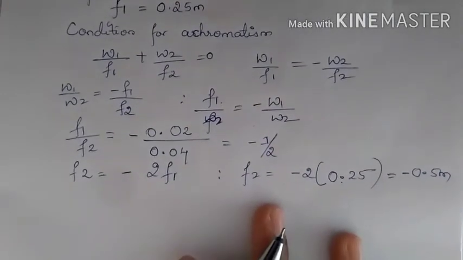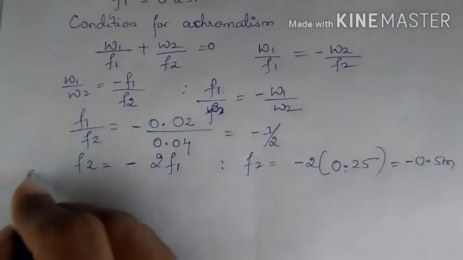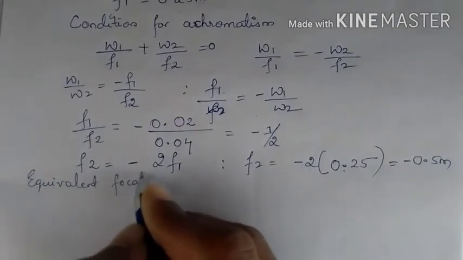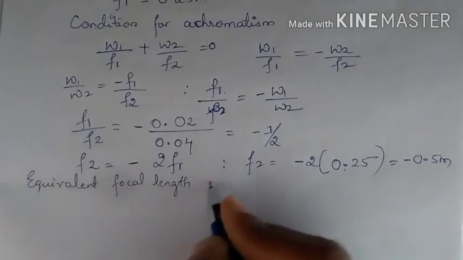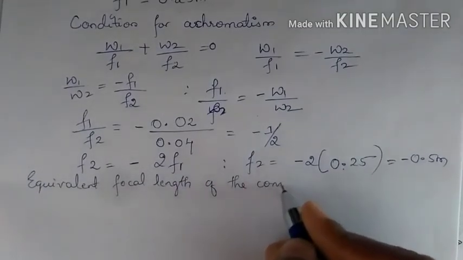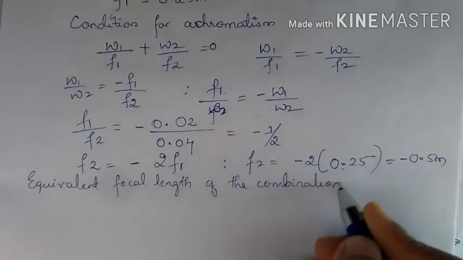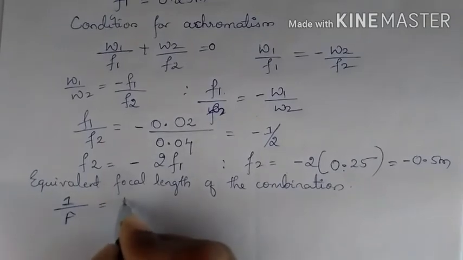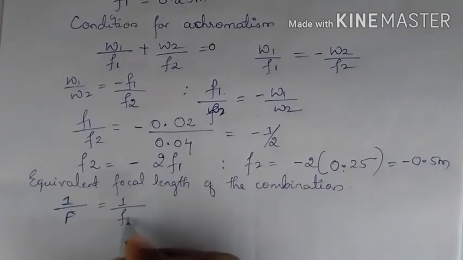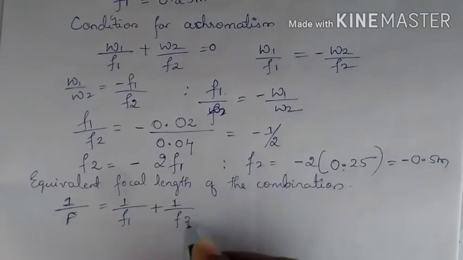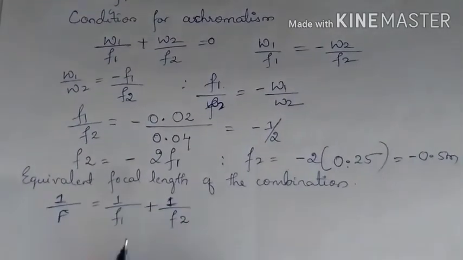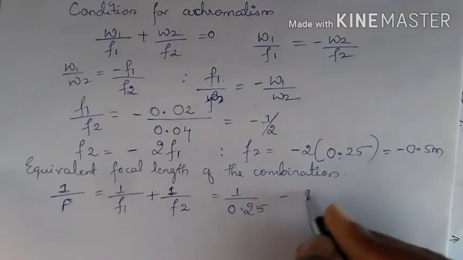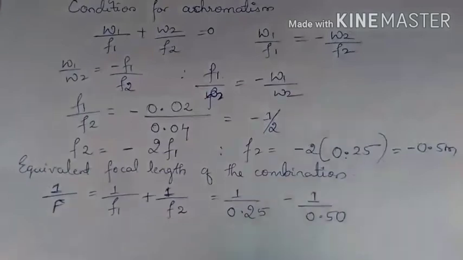Now let us find the equivalent focal length of the combination. 1 by f is equal to 1 divided by f1 plus 1 divided by f2. So 1 by f1 is 1 divided by 0.25 minus 1 divided by 0.50.